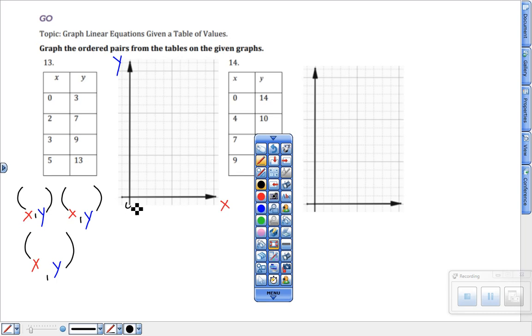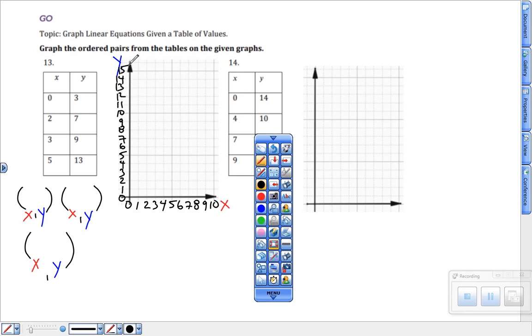First one is 0, 1, 2, 3, 4, 5, 6, 7, 8, 9, 10. Label the y-axis boxes. That first one's 0. First line 1, 2, 3, 4, 5, 6, 7, 8, 9, 10, 11, 12, 13, 14, 15.